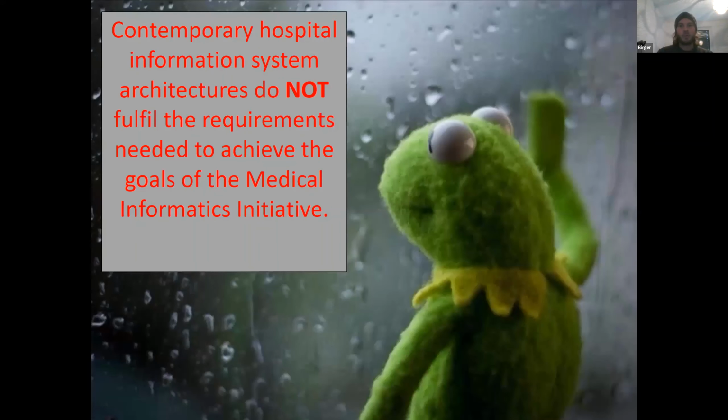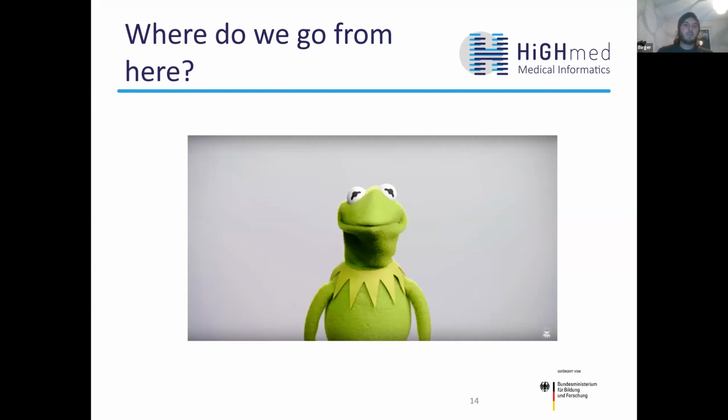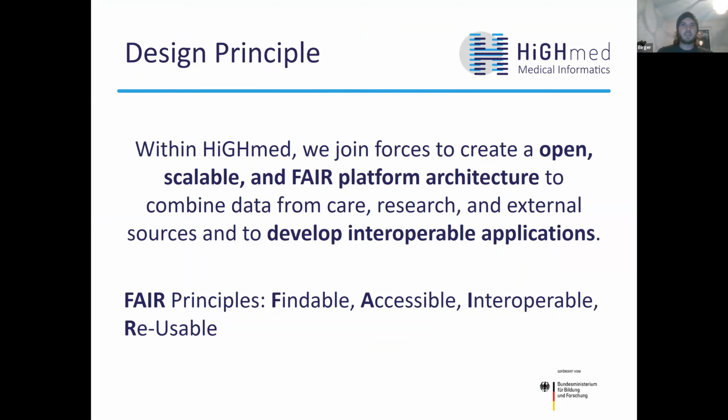And so our conclusion when we started was that our hospital information systems are not really suited to fulfill the requirements of the medical informatics initiative. So we thought, okay, what do we have to change in order to be successful? And then we came up with the concept of an open platform.